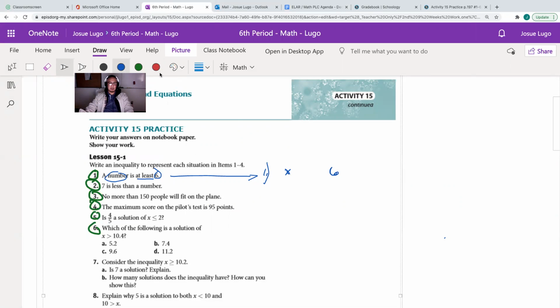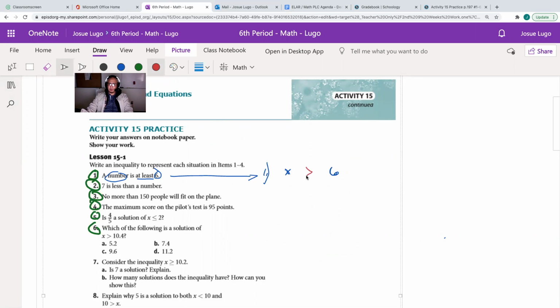So again, in my experience, what I do is begin with a symbol and ask myself, does this make sense? For example, if a number has to be at least 6, can that number be less than 6? Let's say you need at least 6 points to win. Could you win with less than 6 points? No, that obviously doesn't work. Well, then let's try the opposite.